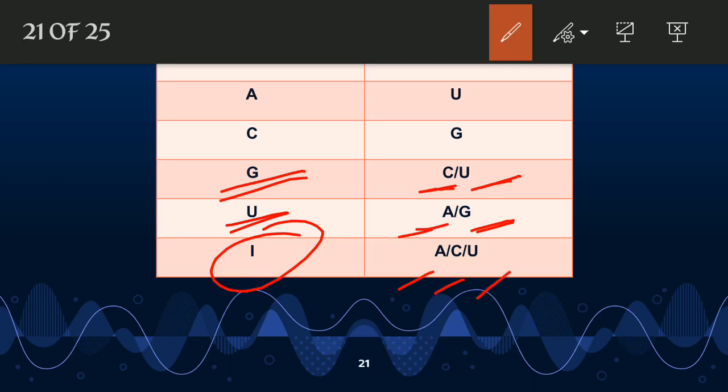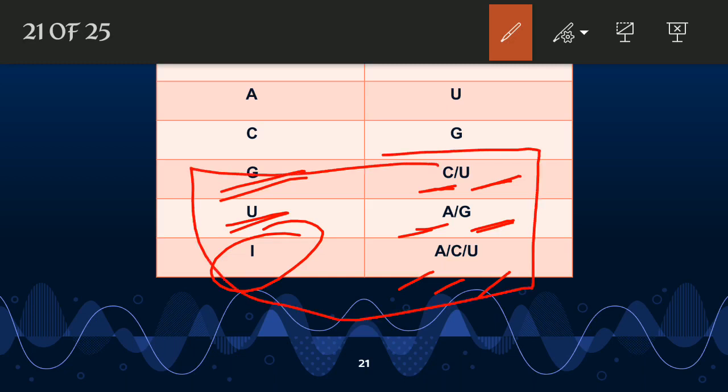This hypoxanthine is more often found in RNA than it is found in DNA. That's why wobble pairing is mostly found in RNA, because most of the wobble pairing occurs between inosine and either A, C, or U. So these are the wobble base pairs.